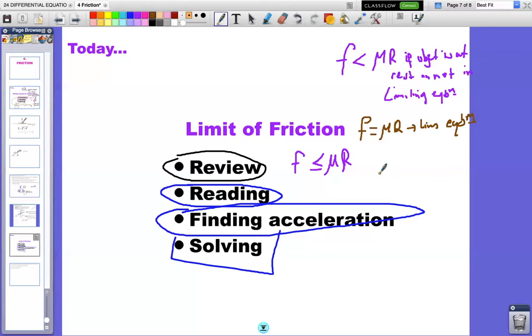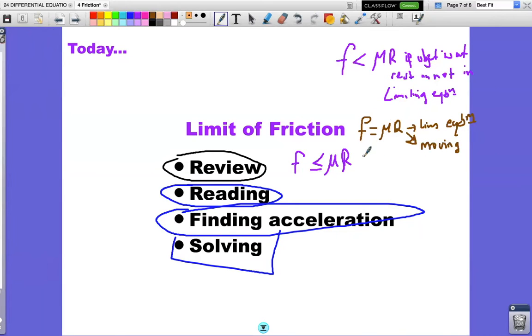That is, if the object is about to start moving, or if the object is moving, if it's sliding on the other one. Remember that this case is only for sliding, okay? We are talking about friction only in the case of sliding.